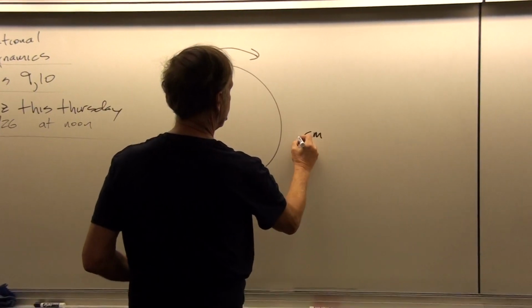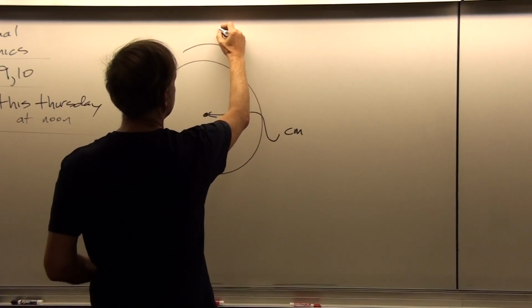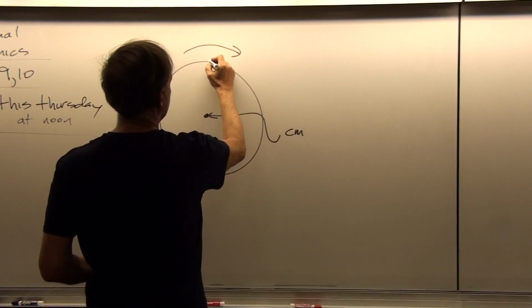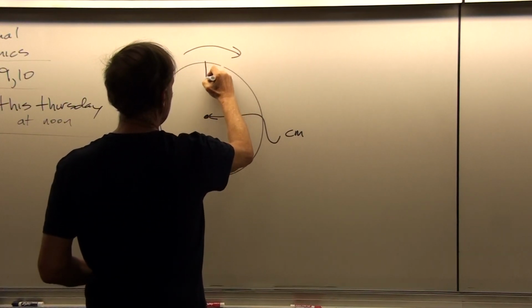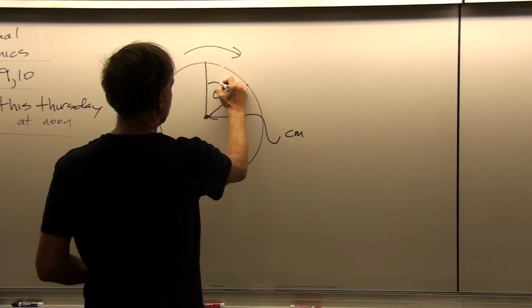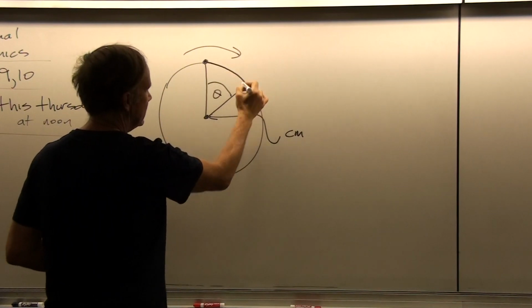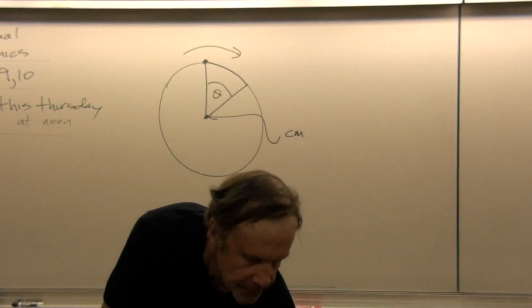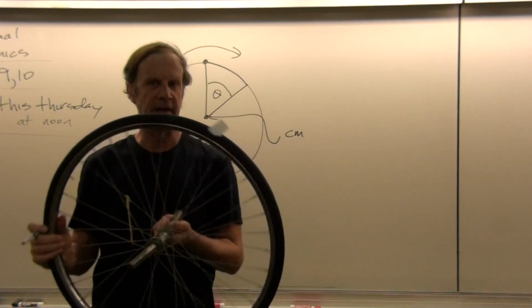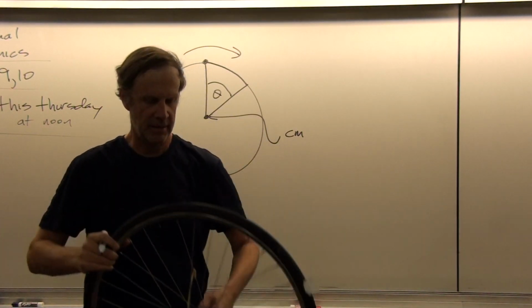Here we have the center of mass of the wheel, and we could have the wheel rotating through an angle that we could write here as theta. So this would be an angular displacement, which would be associated, say, with this motion as we go through an angle theta.